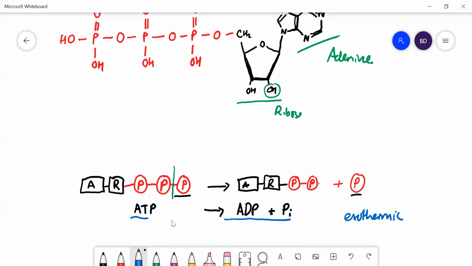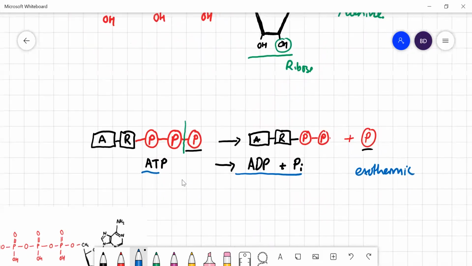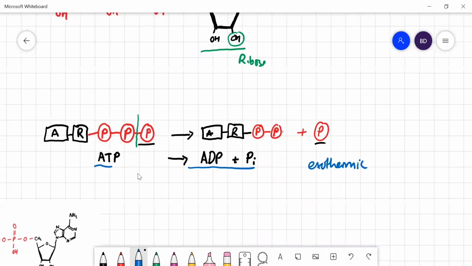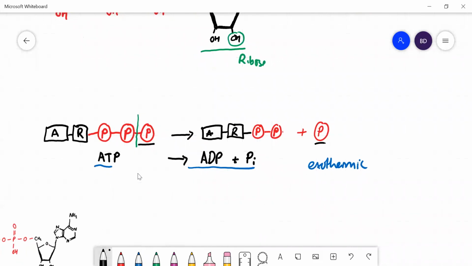What's really happening is ATP is reacting with water, and it's been hydrolyzed. There's a diagram down the left I'll show you. So really, ATP is reacting with H2O to form adenosine diphosphate and inorganic phosphate, and that is exothermic. Although you see this written quite a lot and people just forget about the water, you shouldn't really do that because it is confusing.